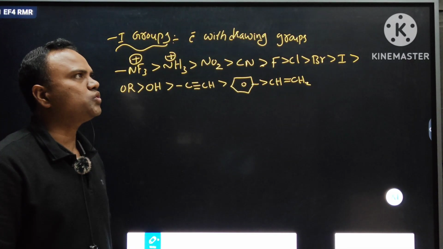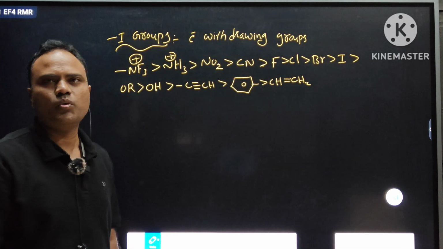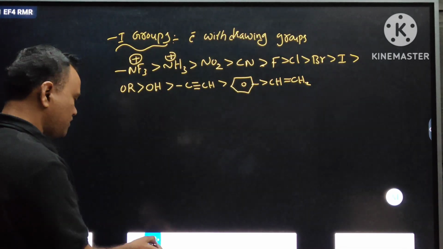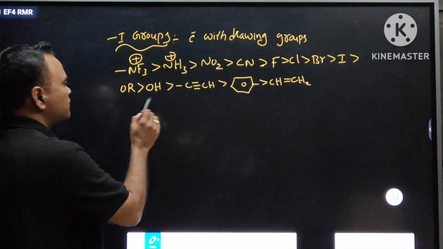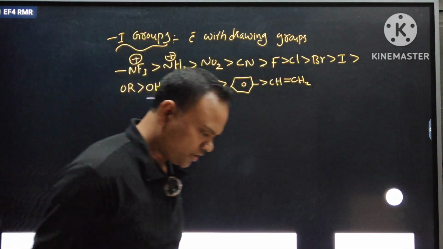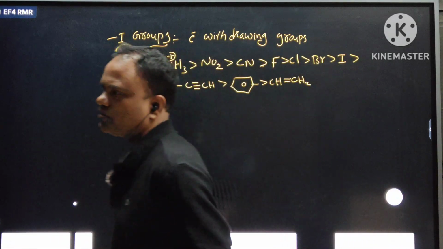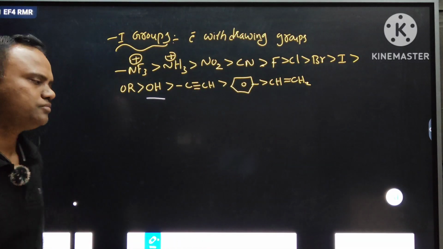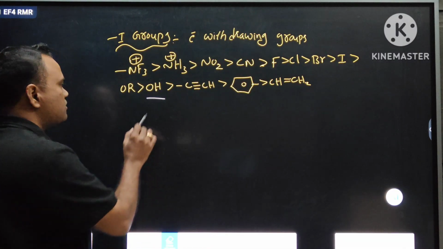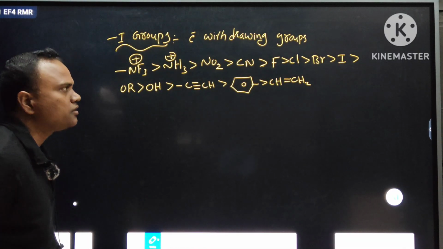Not all minus I groups are correct. Look at this. OH is there in the minus I order, but what is OH nature? OH is a plus M group. That statement is not always correct.